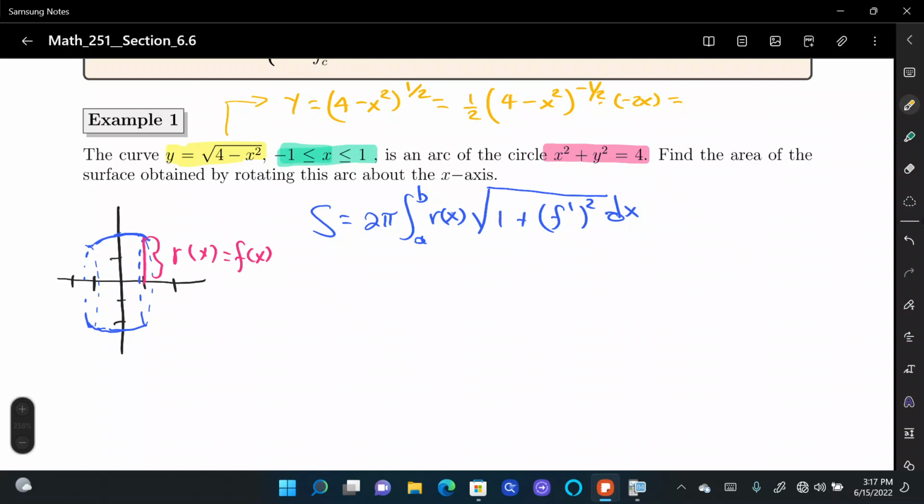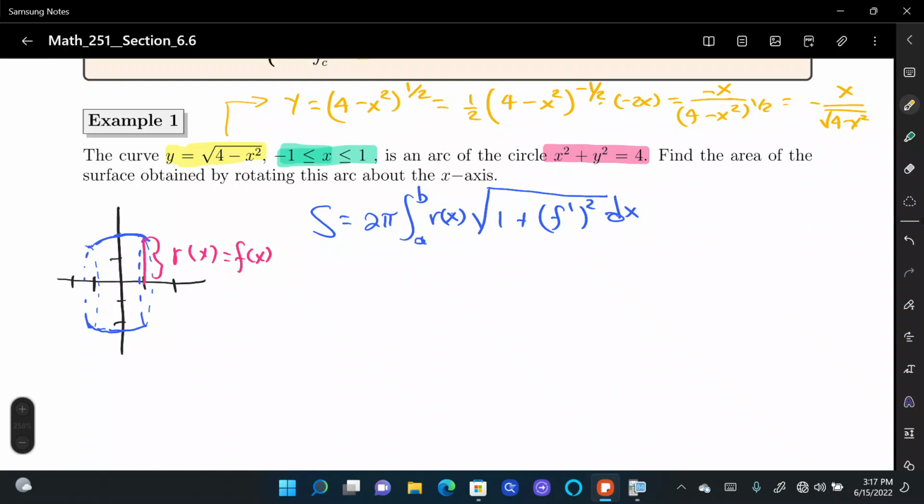The 2's reduce, the negative goes in the front, and we can write that as a radical in the denominator. So this will be negative x over 4 minus x squared to the 1/2, which is negative x divided by the square root of 4 minus x squared. So that's going to be our derivative here.